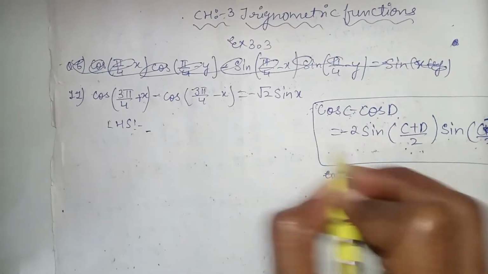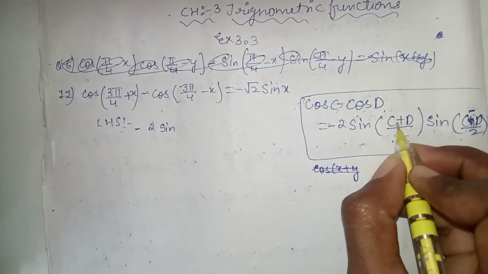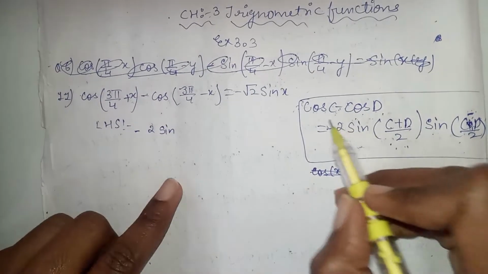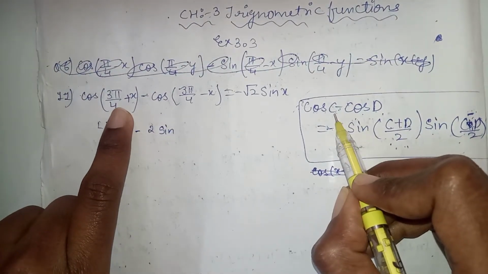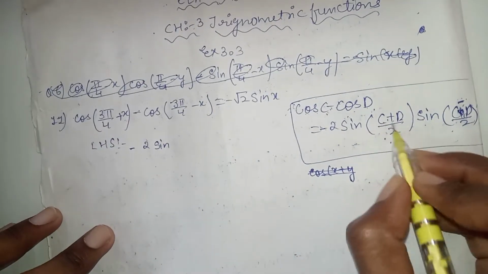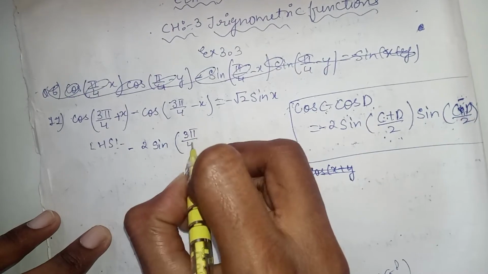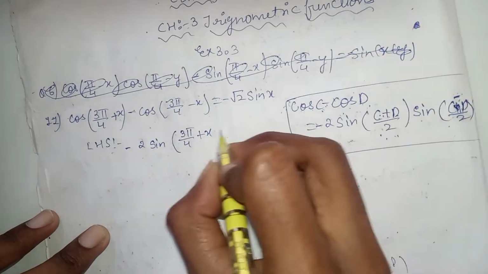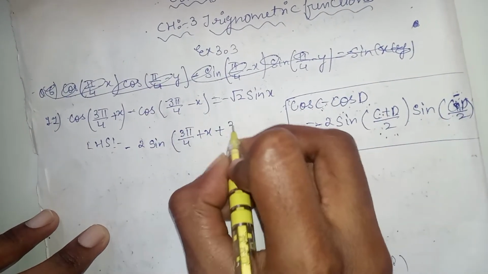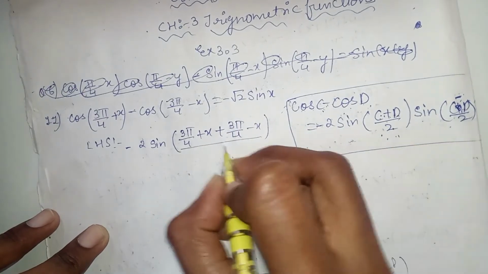Minus 2 sin of (C plus D) by 2. What is C? C is 3π/4 plus x, and D is 3π/4 minus x. First write C, 3π/4 plus x, and plus D, 3π/4 minus x, divided by 2.